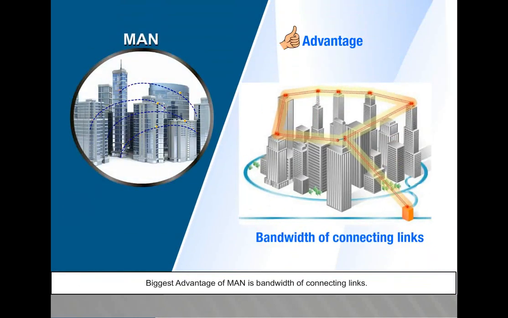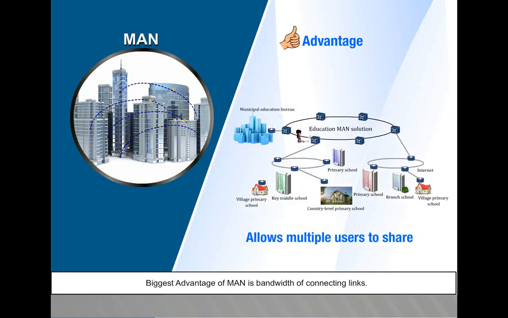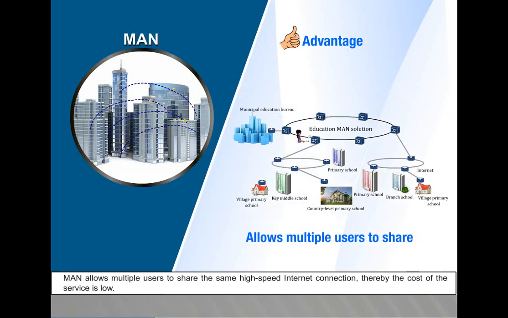The biggest advantage of MAN is the bandwidth of connecting links. MAN allows multiple users to share the same high-speed internet connection, thereby the cost of the service is low.